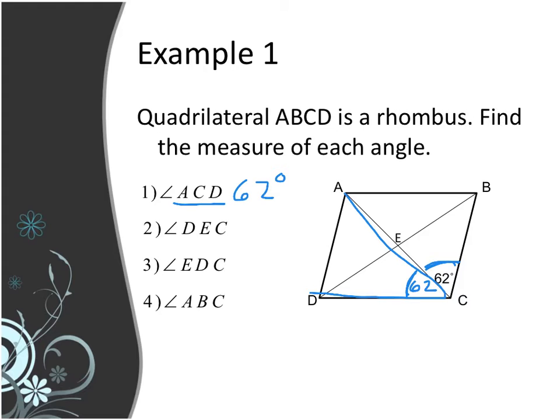All right, now let's look at DEC next. What is this angle going to be? 90, because the diagonals are perpendicular to each other. So this forms a 90-degree angle.